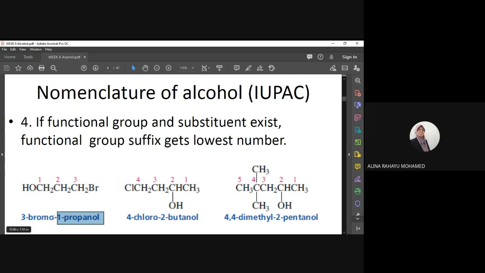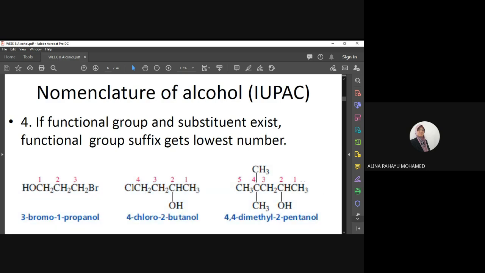So 3-bromo-1-propanol. The compound in the middle, we have 1, 2, 3, 4. 4 is butanol. At carbon number 2 there is an OH group, so 2-butanol. At carbon number 4 there is a chlorine, so we call it 4-chloro-2-butanol.